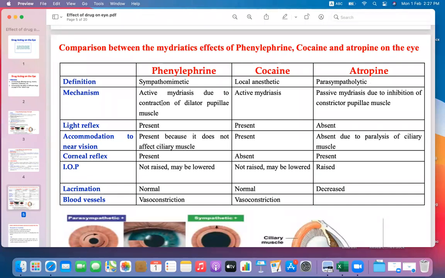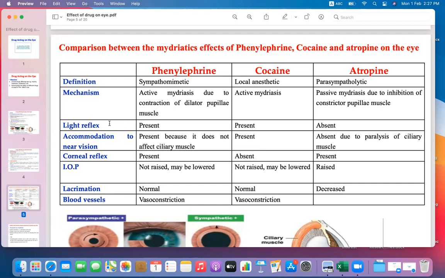Phenylephrine causes active mydriasis, cocaine causes active mydriasis. So as we discussed, phenylephrine and cocaine both cause active mydriasis, while atropine causes passive mydriasis. But how can we differentiate? Let us check the light reflex.